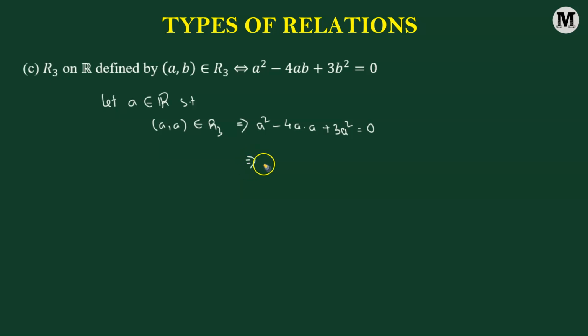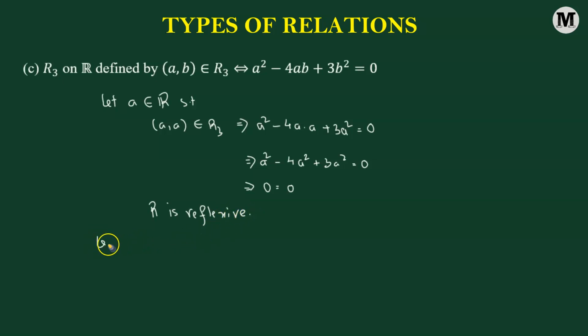So here we have a squared minus 4a squared plus 3a squared, and this is going to be equals to 0. So on the left hand side we get 0, and we already have 0 on the right hand side. 0 equals to 0, so this is true. This is telling us that a comma a indeed belongs to the relation R3 because it is satisfying the equation. So here we say that R is reflexive.